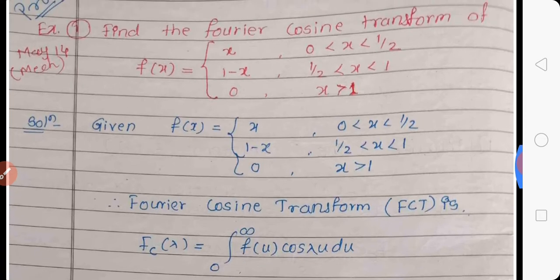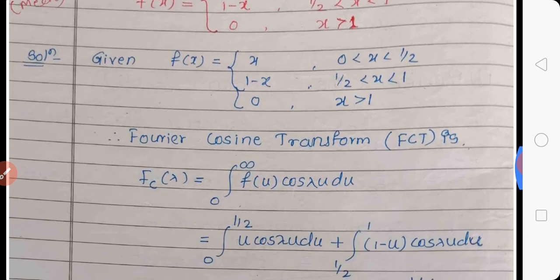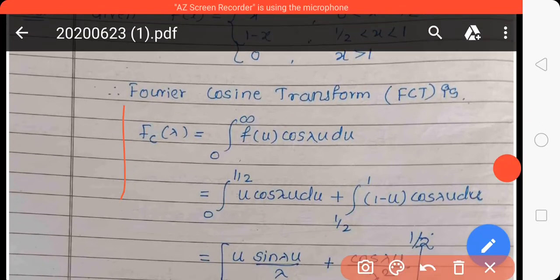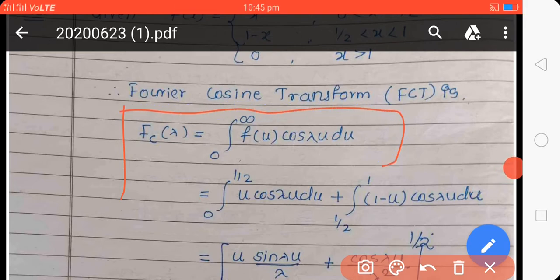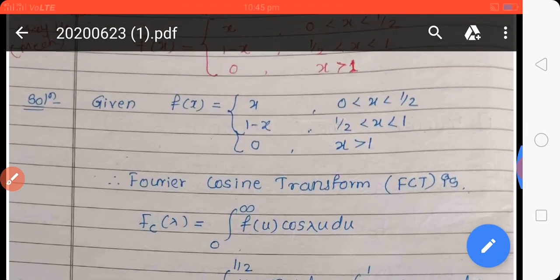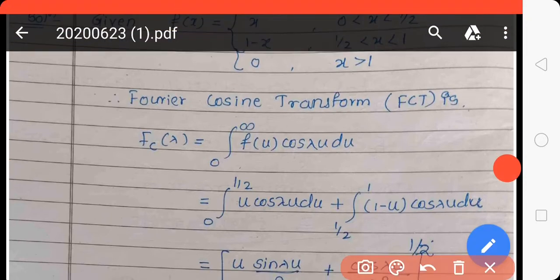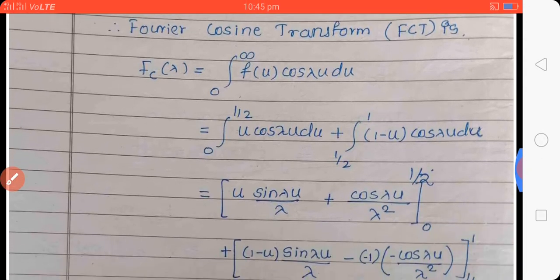Therefore, we find the Fourier cosine transform using the formula. The formula, we know, is Fc of lambda is equal to integral from 0 to infinity f of u cos lambda u du. Now the given function is in three parts, therefore we split this integral from 0 to infinity as 0 to half, half to 1, and 1 to infinity.